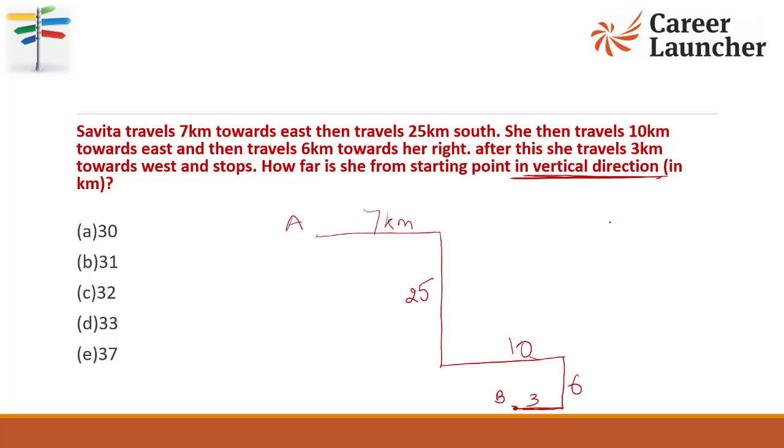If she was at this level and she is now at this, what is the vertical distance? This vertical distance is 25 plus 6, which is 31 kilometers. So she has traveled 31 kilometers in the vertical direction.